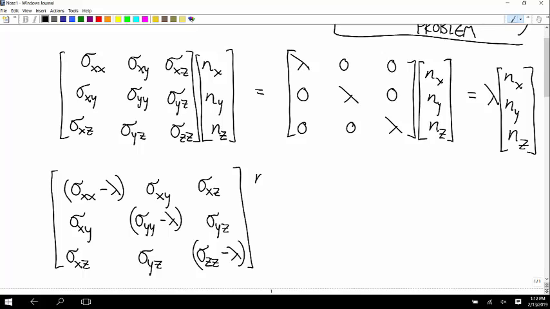All that times this outward facing normal vector is now equal to the zero vector.